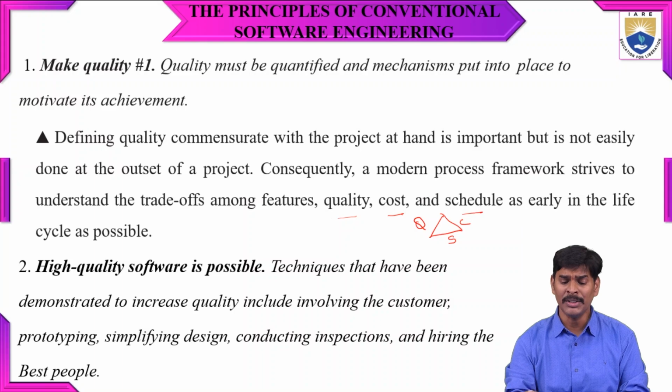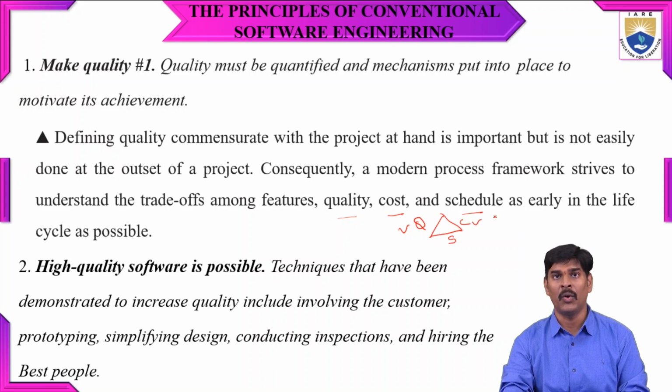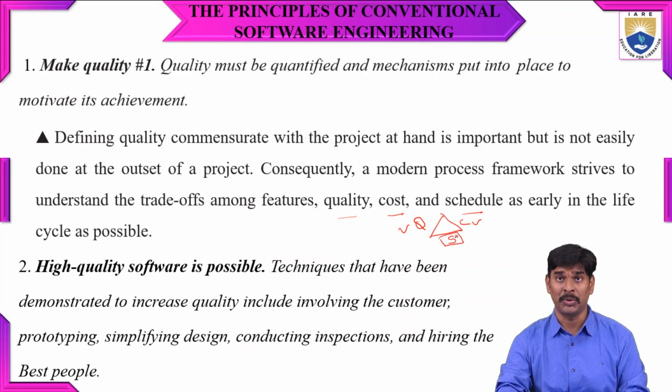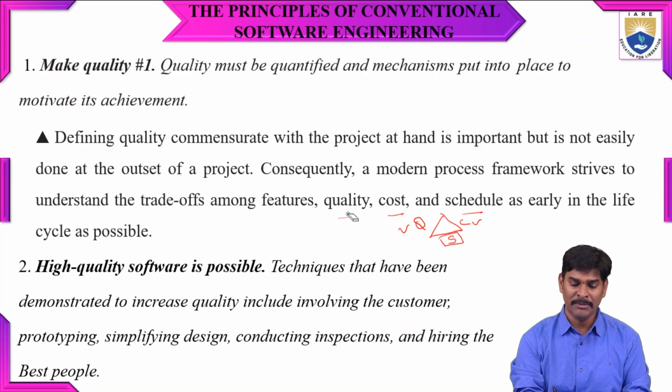The ultimate goal for any organization is to improve the quality and complete the project within the cost and within the schedule. So this is the first principle of conventional software engineering.